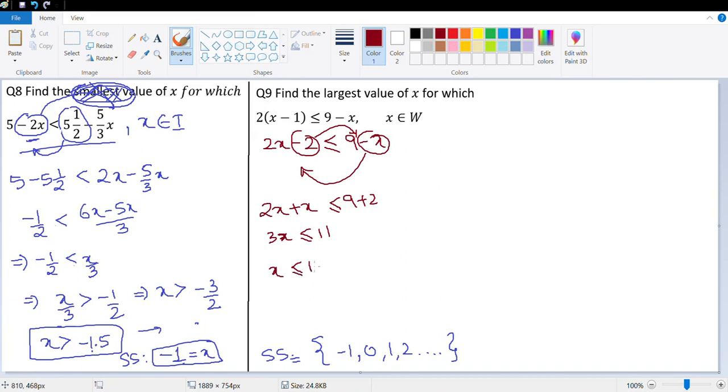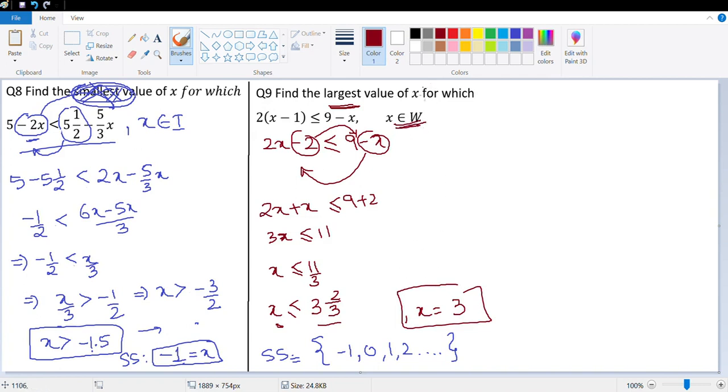x is less than or equal to 11 upon 3, which means x is less than or equal to 3 and 2 upon 3. So x has to be smaller than that. And we are looking at the largest value, so the largest possible value of x would be x is equal to 3, because we are looking at whole numbers.